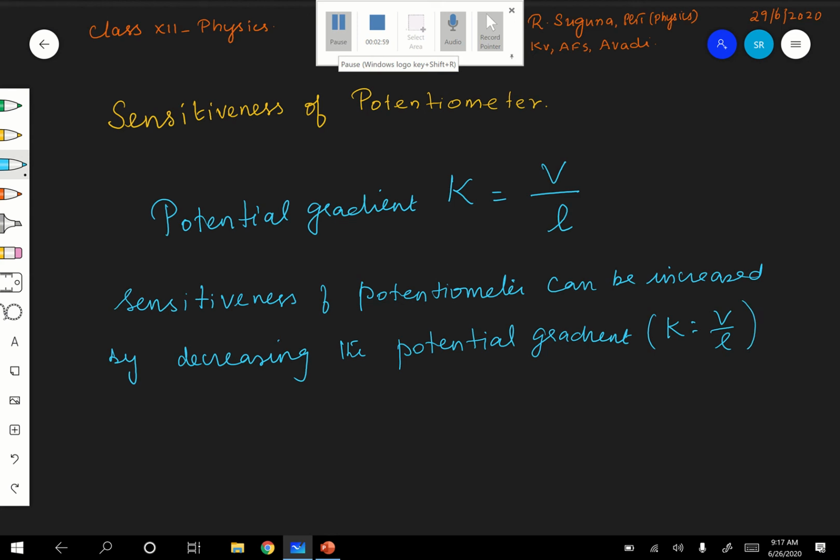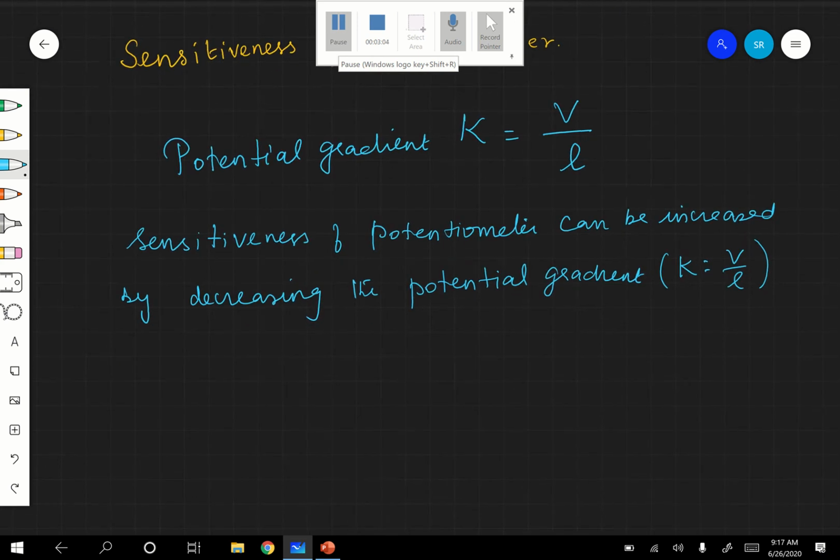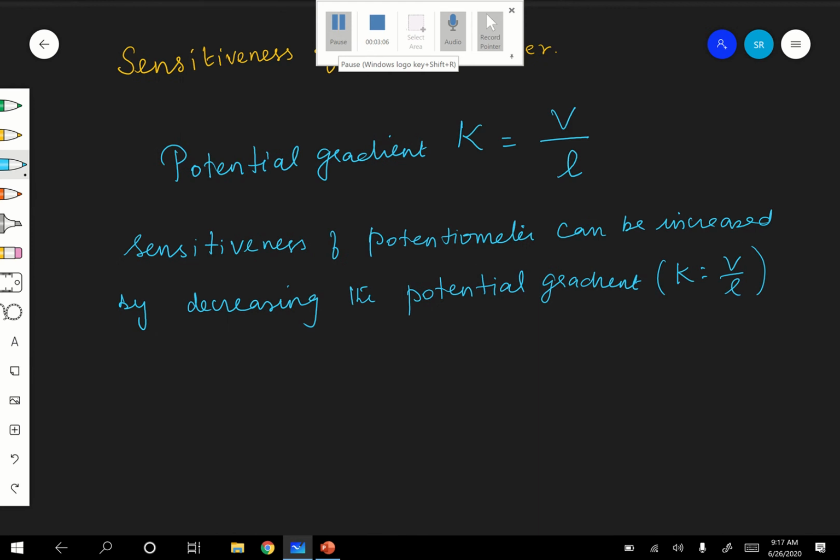Therefore, how to achieve it? How to decrease the potential gradient? K is V by L, that should be very low for increasing the sensitivity.